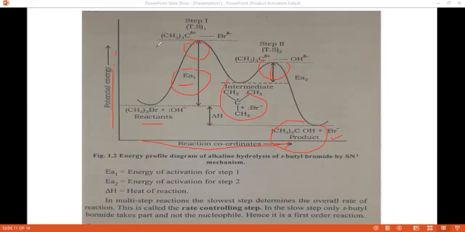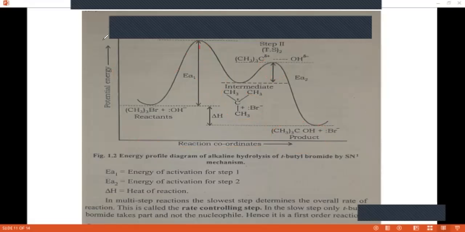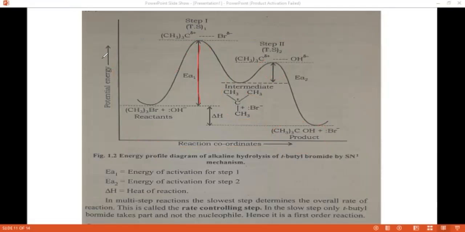Step number 1 has the highest activation energy, and hence it is a slow step reaction.